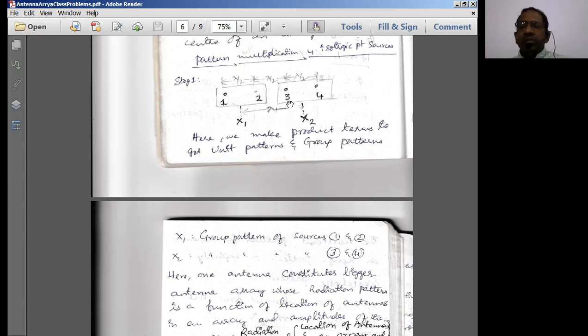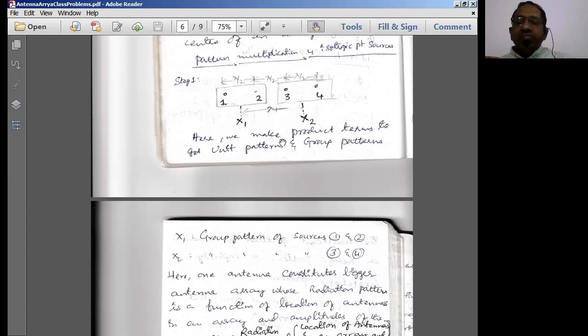By default, when nothing is asked, you can consider lambda by 2 as the distance of separation between the 2 antennas, because that is the ideal distance to be maintained between 2 antennas for radiation to happen. Therefore, we consider lambda by 2 as the starting point.